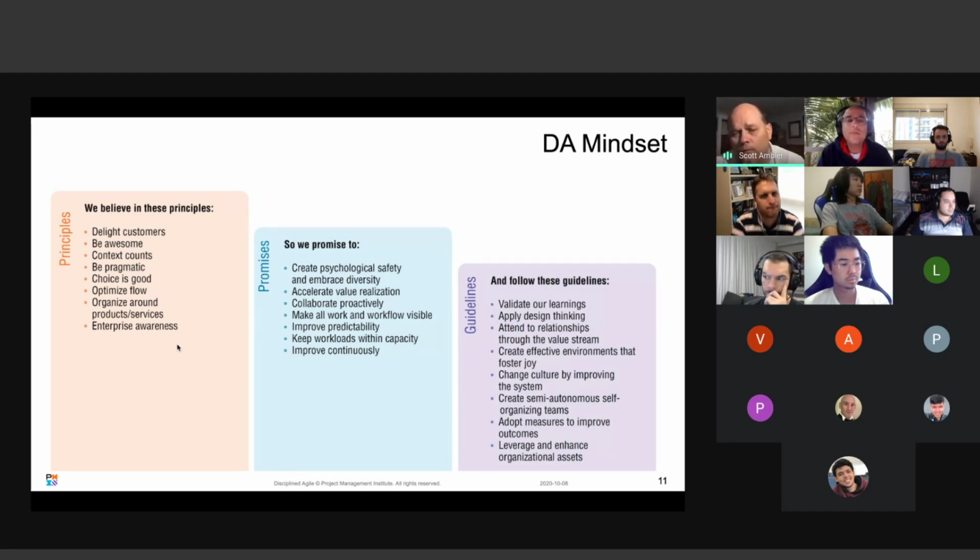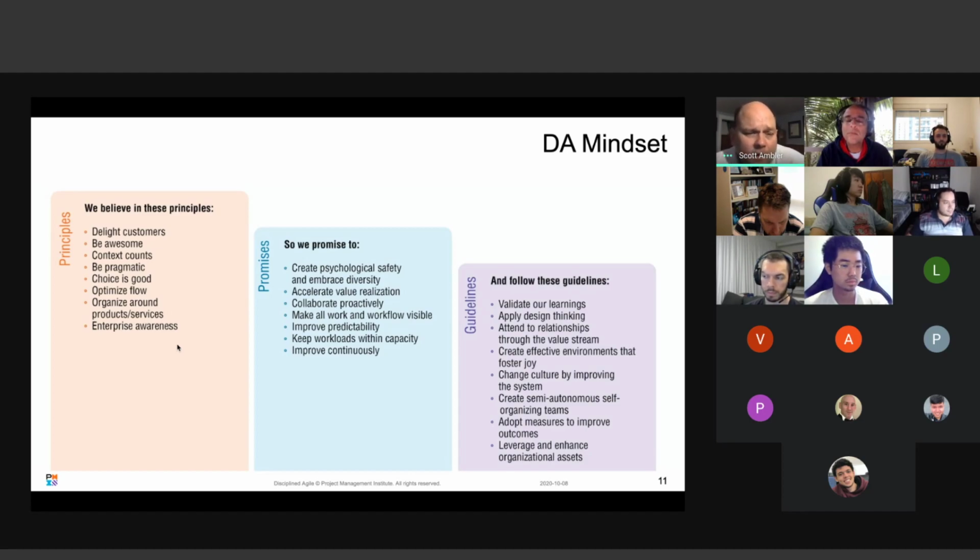For a long time in DA, we had chosen to extend the Agile Manifesto. We called it the Disciplined Agile Manifesto, but we found it too constraining. So about a year ago now, we stepped back and said, enough is enough. We need to rethink the way we communicate the mindset. And this is what we came up with.